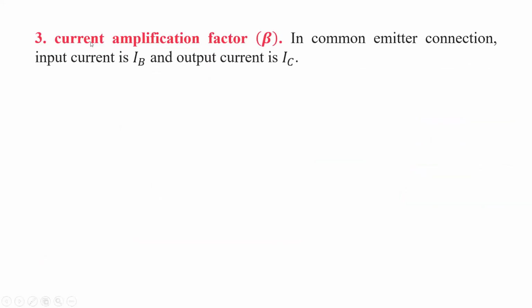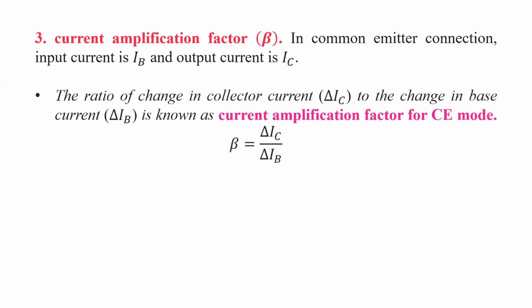Next, another characteristic is the current amplification factor in CE mode, usually represented by beta. In common emitter connection, the input current is IB and the output current is IC. Beta is defined as the ratio of change in output current to change in input current, that is the ratio of change in collector current to change in base current.